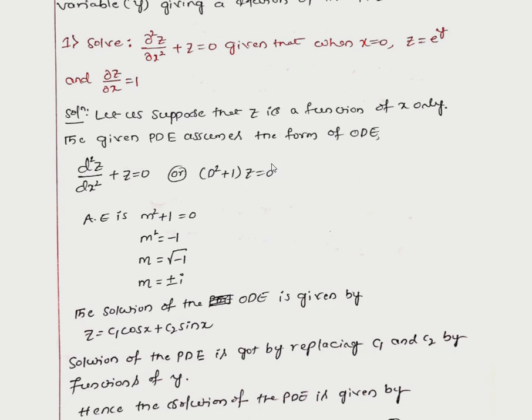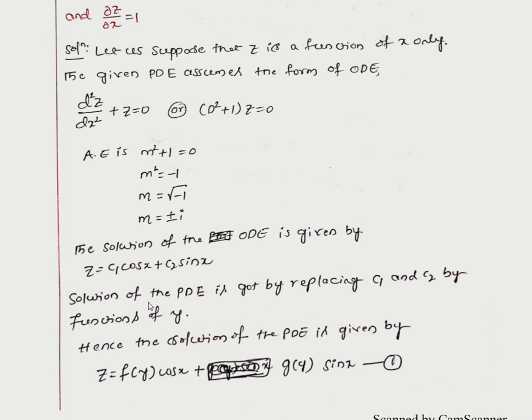Here this is the homogeneous PDE, therefore we have only the complementary function as the solution, which is C1 cos x + C2 sin x. The solution of the PDE is obtained by replacing C1 and C2 by functions of y.